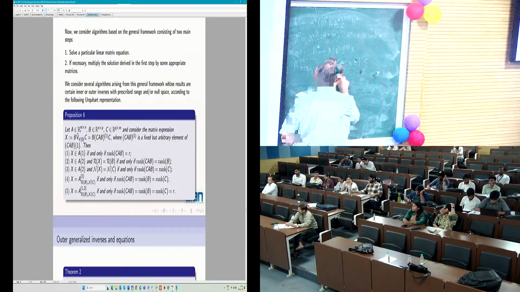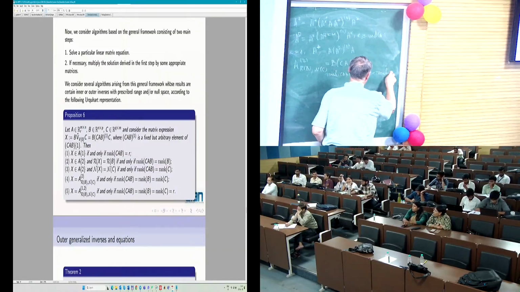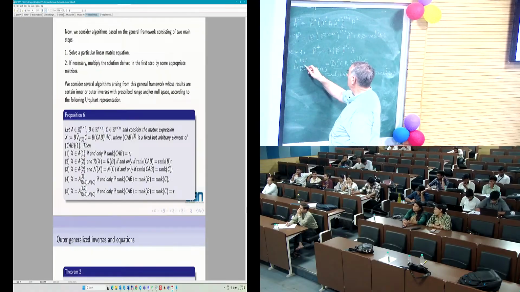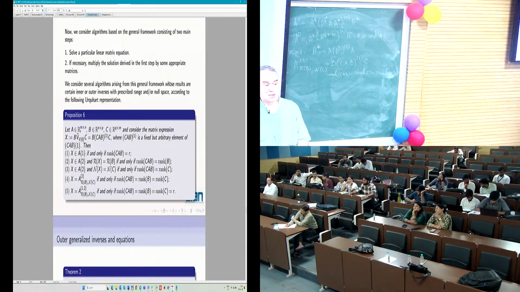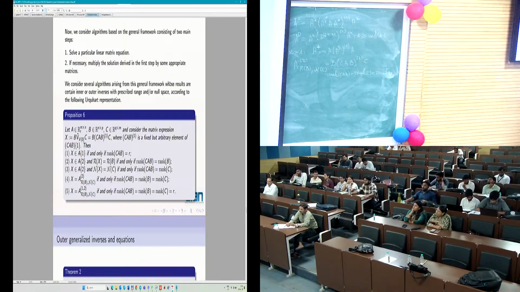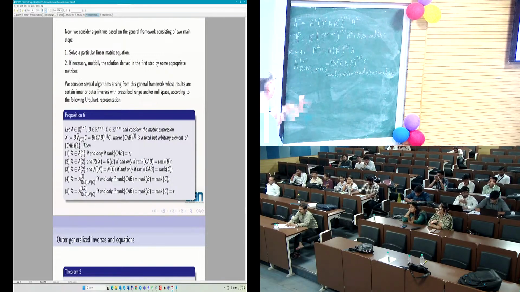But in this way, we can compute an arbitrary outer inverse with prescribed range and null space. I suppose you will combine again, but probably they will be included here, and if they are included here, the formula is the well-known Urquhart representation.